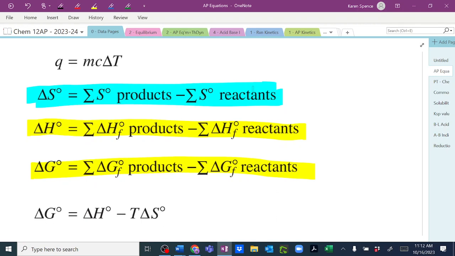But what it comes down to is last day I told you that S naught is not going to be 0, which is true, but delta S naught of formation of an element is 0. Because the change in enthalpy to make an element, the change in anything, hang on, let's go back to where we were.